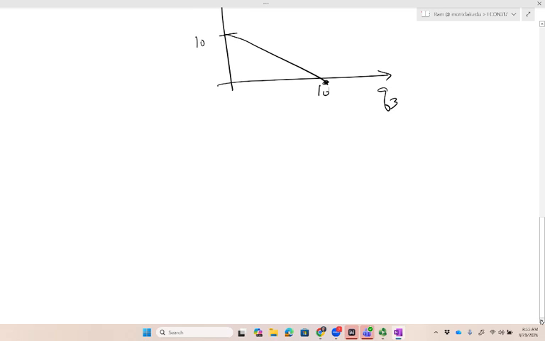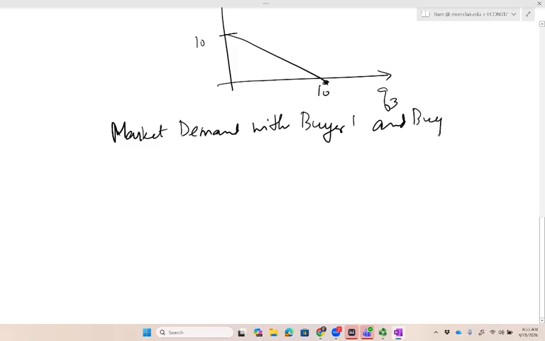Now we want to find out the market demand when there are only two buyers, buyer 1 and buyer 2. So I will write down market demand with two buyers, buyer 1 and buyer 2. Remember, the demand for buyer 1 was 30 minus Q1. This is the inverse demand.